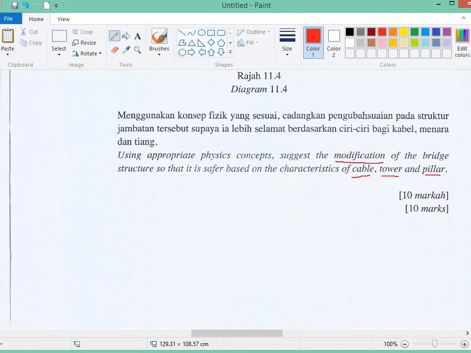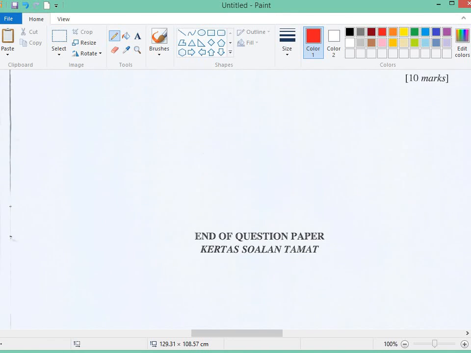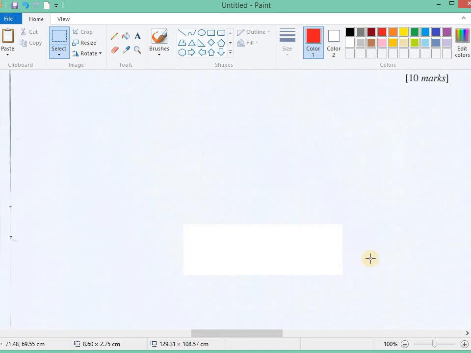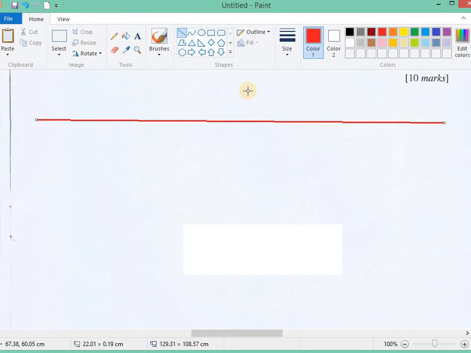So this type of question you also need to answer in table form. So this is modification, this is explanation.